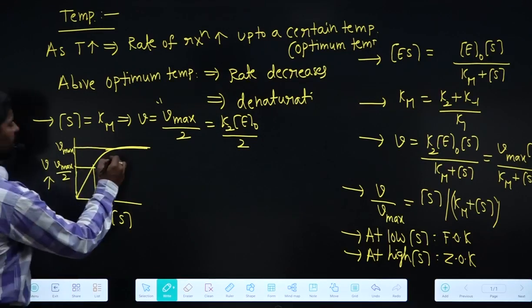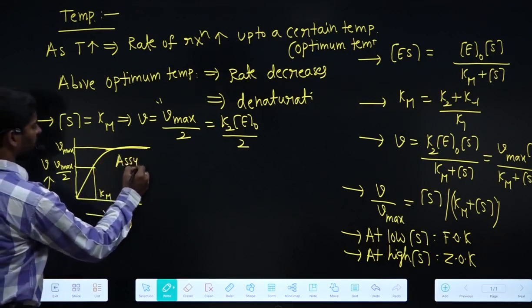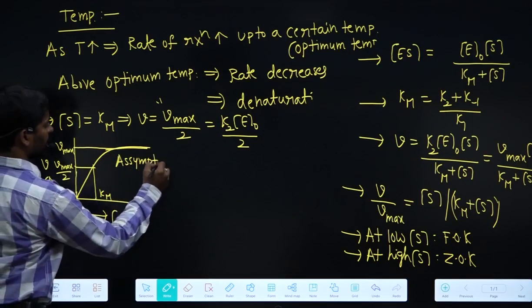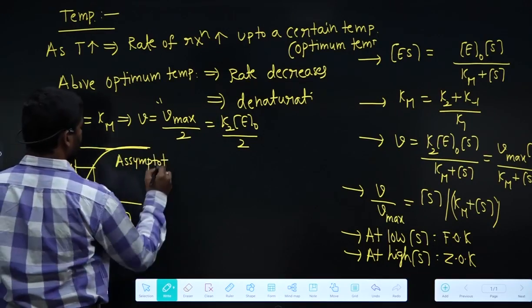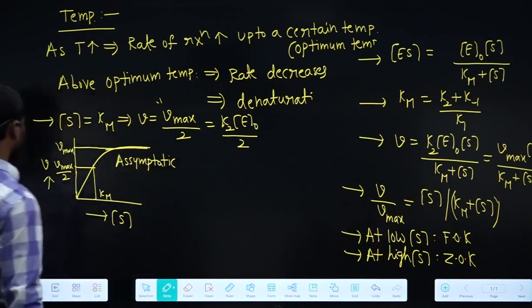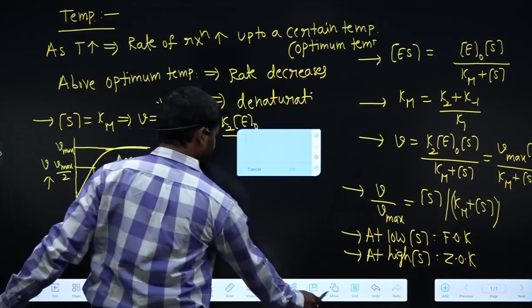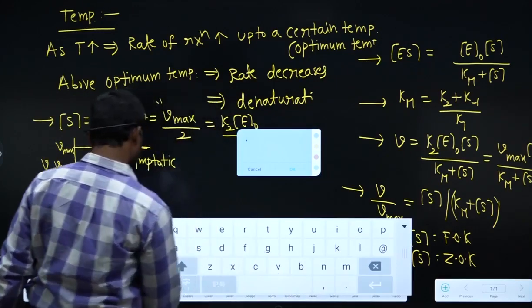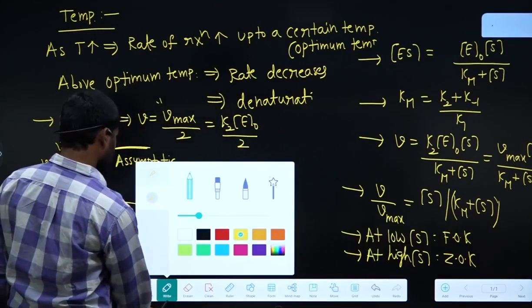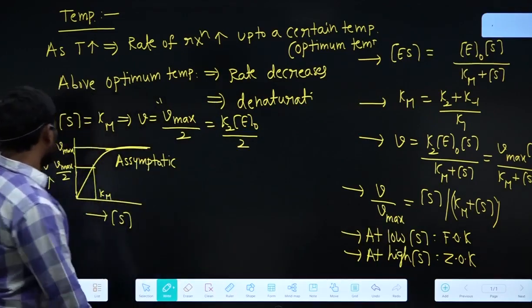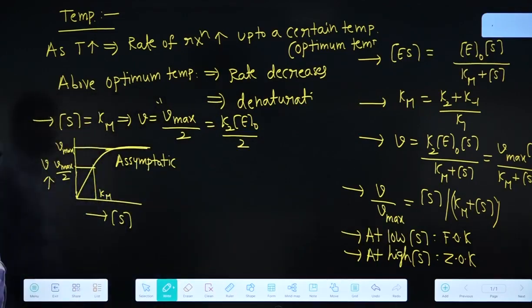This type of increase is called asymptotic increase. In one of the books it is given, with concentration of substrate rate increases asymptotically.